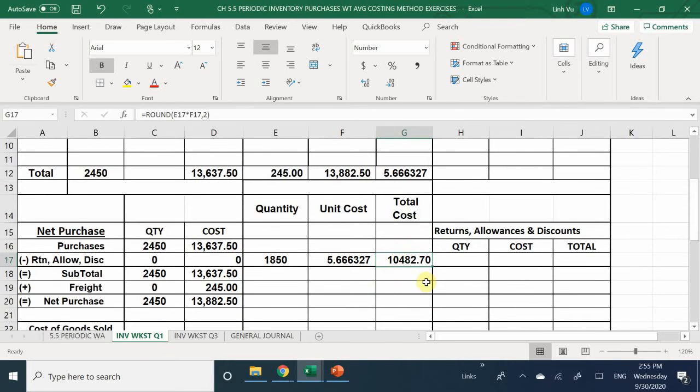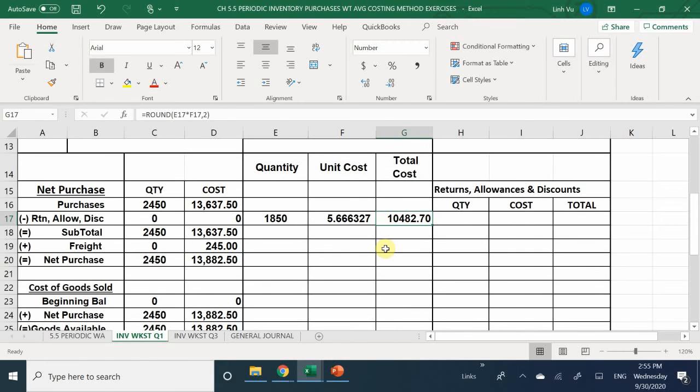So you got the same number? Or are you calculating it right now? 10,442.70. Yes, it's correct. Perfect, I got the same number. Good. So we don't round until the very end, where the numbers need to be rounded.